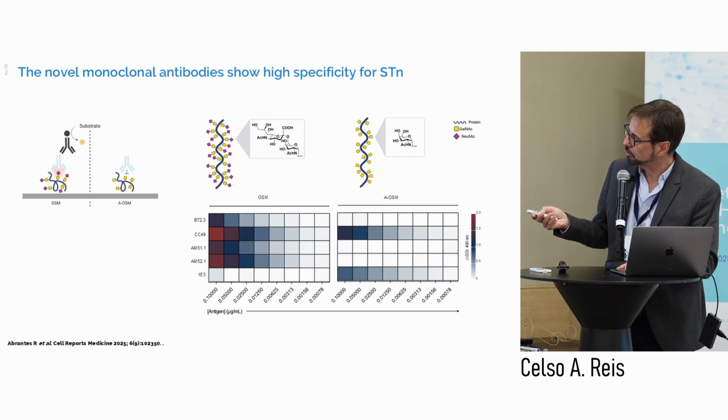This initial screen showed that two clones were very reactive, with no reactivity against the desialylated form. And of course we used the already established antibodies that also detect sialyl-Tn, as well as the Tn-detecting antibody 1E3.